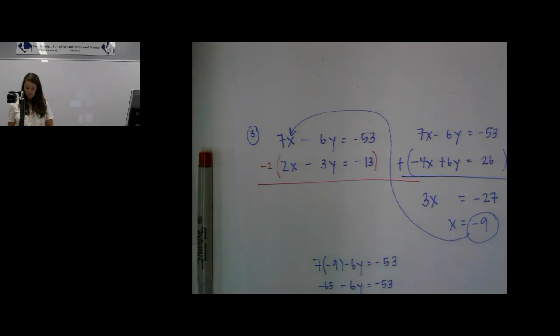Add, so negative 53 plus 63 will give me negative 6y is equal to 10. Divide both sides by negative 6, so y is going to be equal to negative 5 over 3.